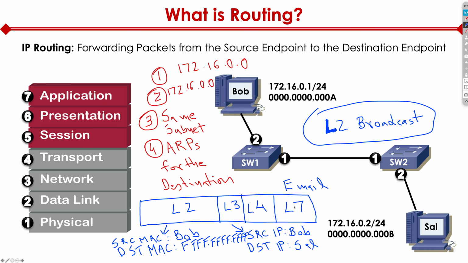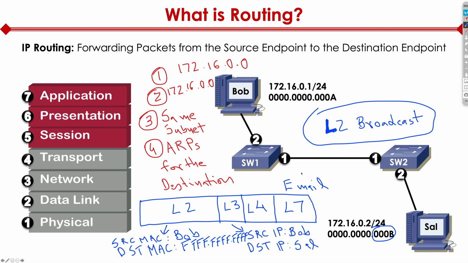It's going to look into layer 2 and layer 3, and by looking at layer 3, it's going to see that the destination IP is itself. It's going to realize that this message is meant for him. He's going to respond back to Bob by providing its own MAC address, which ends in B. And Bob will get that, and Bob will build its ARP table.